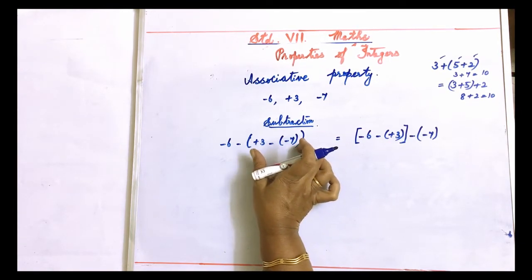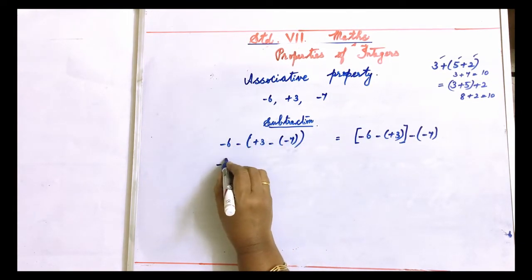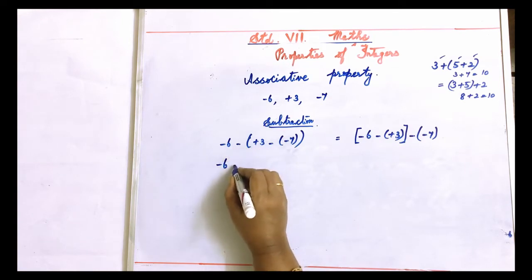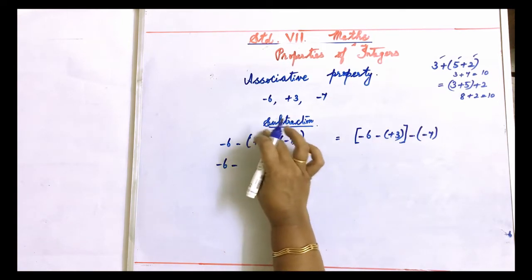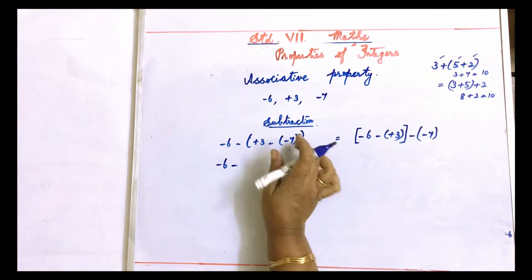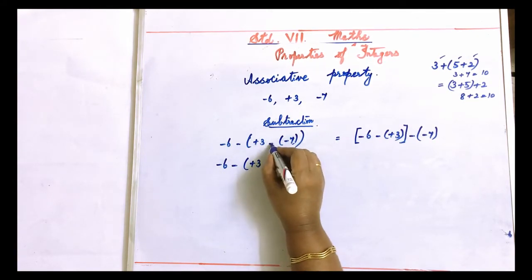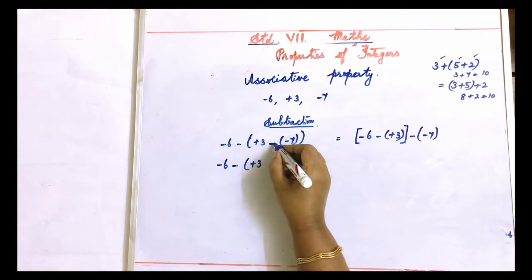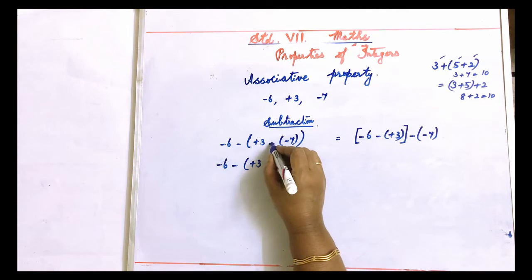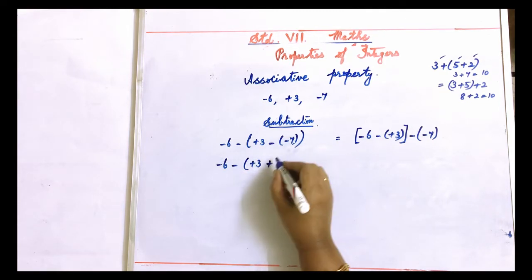First integer is minus 6. This minus should be written the same because we are going to do inside this bracket. So plus 3. Here we are having minus sign. So subtraction of an integer is the same as adding the additive inverse. So minus becomes plus. For minus 7 we should write the additive inverse.